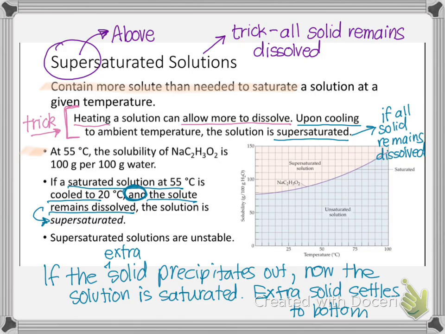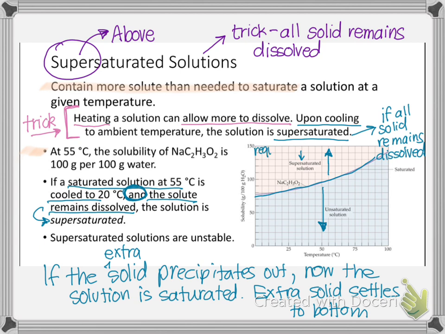So you can see in this graph, here's the purple line here. That's the limit. So anything below the limit is unsaturated. If you're able to go above the limit, it is supersaturated, but it requires heating. I just can't emphasize this enough.